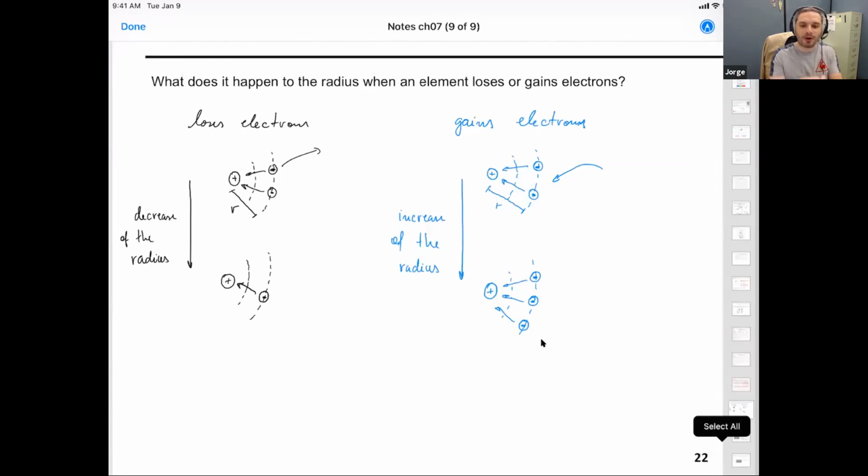So that is what will happen when we lose electrons or gain electrons. It's all about the ability of the nucleus to attract the charges near it.